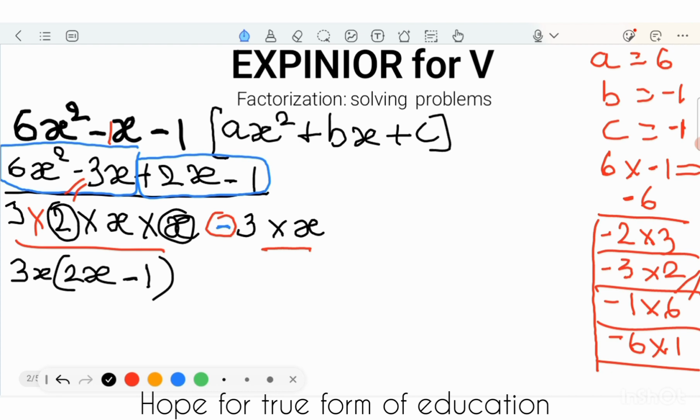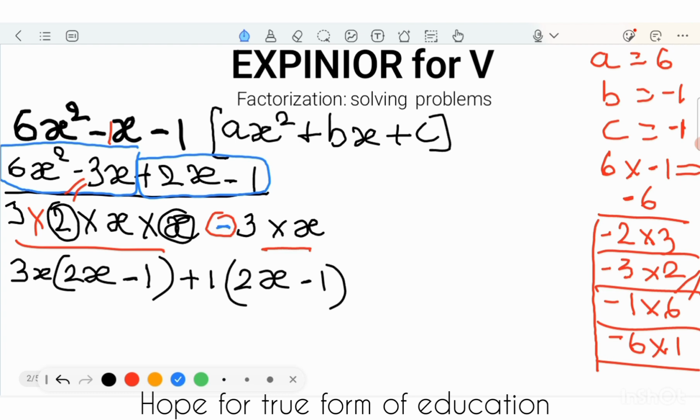Now we have 2x minus 1. 1 is the only thing common in both of them, so 1 into 2x minus 1.